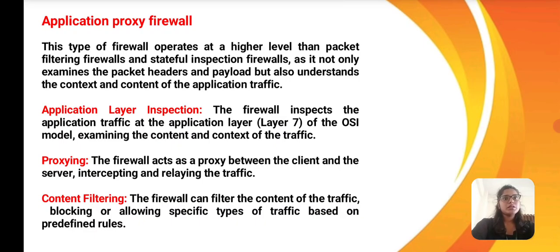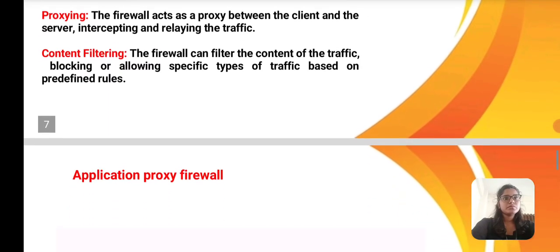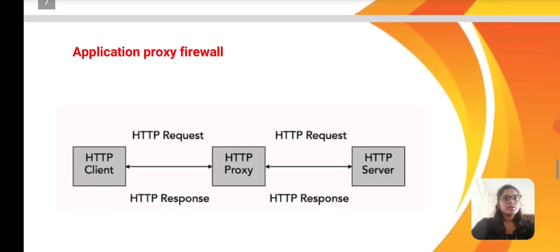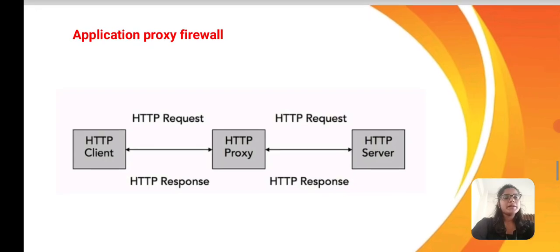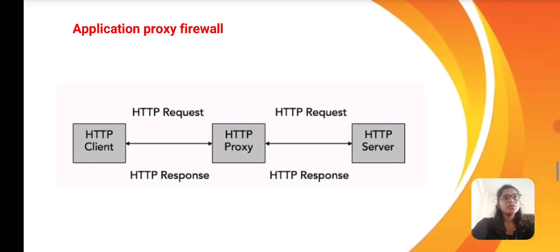Content filtering. The firewall will filter the content of the traffic, blocking or allowing specific types of traffic based on predefined rules. You can see this is an application proxy firewall.